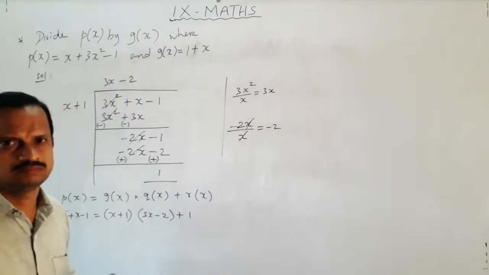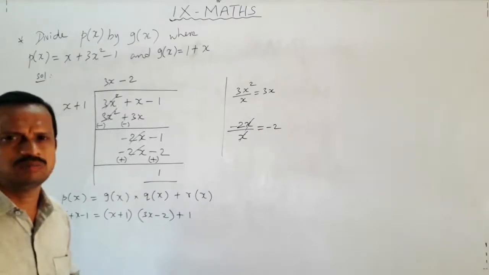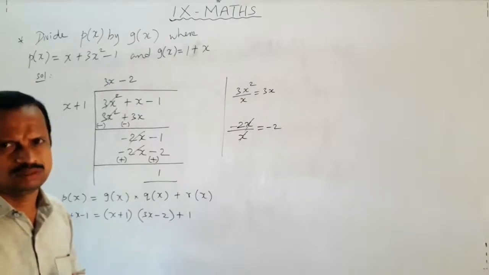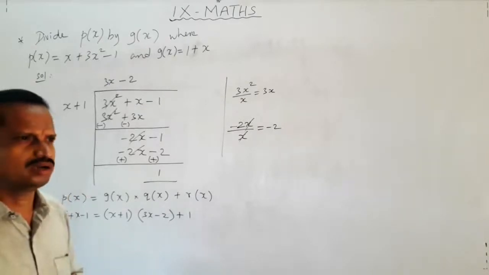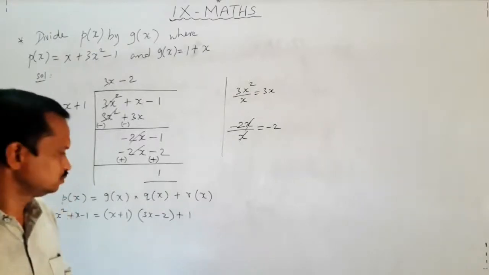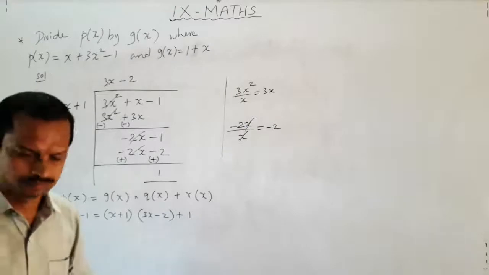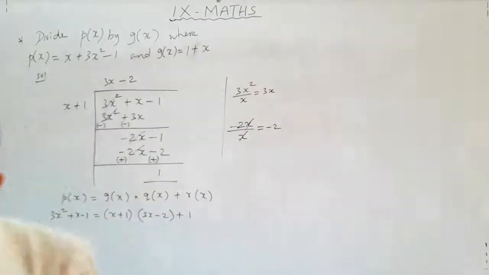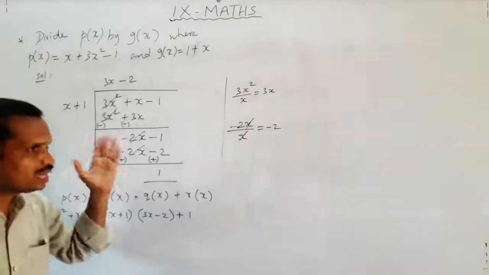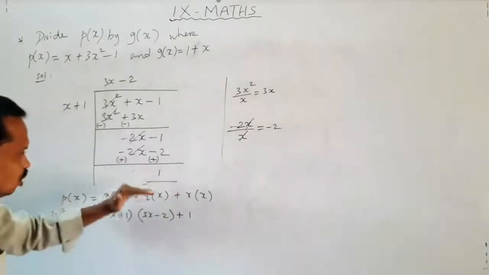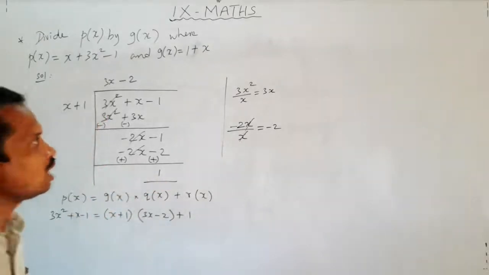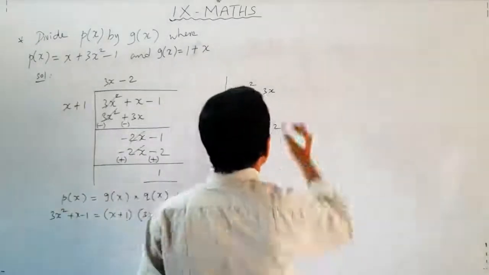We cannot divide by x. If we divide, what happens? 1 by x is only 1 by x. So to avoid that, in polynomial form, the variable should not be in the denominator. So this is the way of writing. Clear? Okay. So now you have learned how to divide a polynomial by another polynomial, and we got the remainder one here. Now I am going to teach you the remainder theorem.